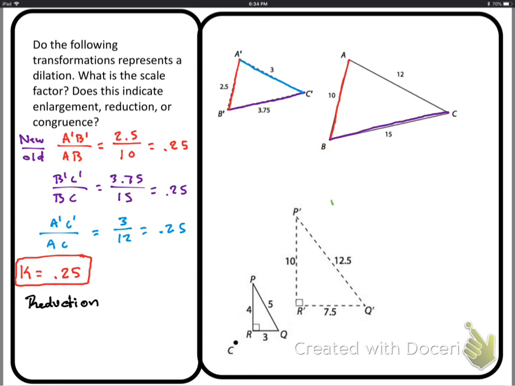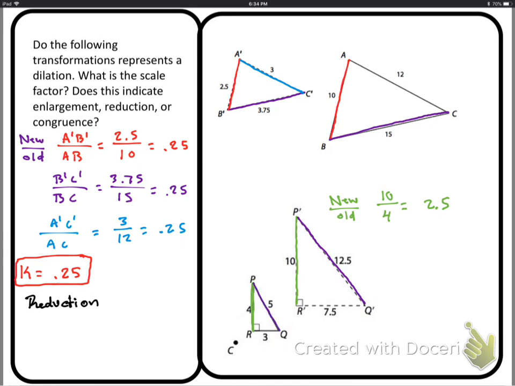So remember that it's new divided by old. So let's just start with P and R. So P and R is my old, P prime R prime is my new. So my new is 10 over 4, which is equal to 2.5. Okay, let's do the rest.